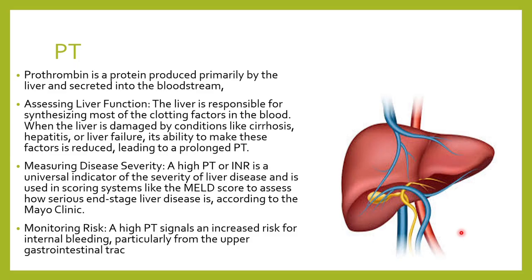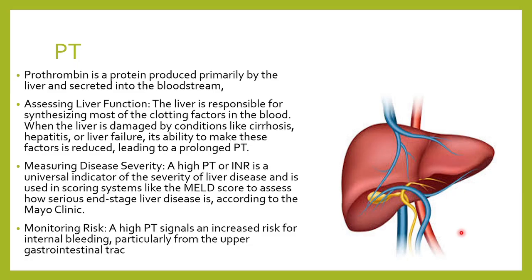In cirrhosis, hepatitis, alcoholic liver disease, and liver failure, the PT is prolonged. Doctors order this test to assess the liver function and to see how the clotting factors are functioning.